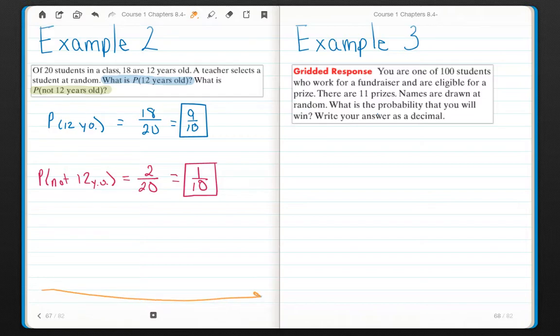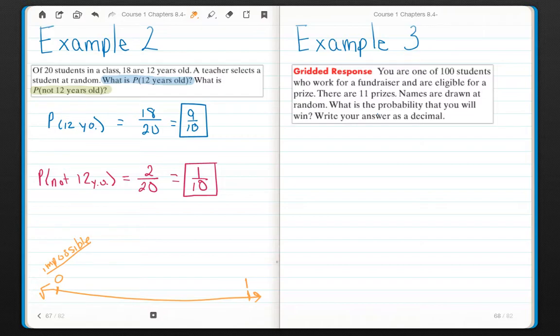If I was to think of a really bad number line here, I can have 0 probability that something is going to happen. If I flip a coin, what is the probability that I flip a 3? The probability is 0. It is impossible. It is absolutely not going to happen because a coin does not have a 3. Okay? Everything to 1.